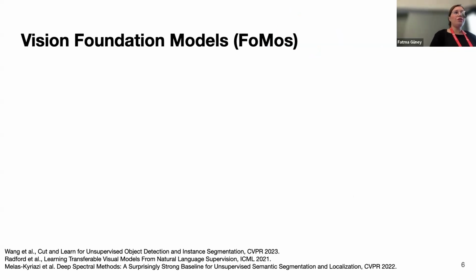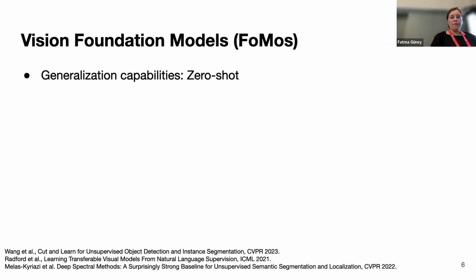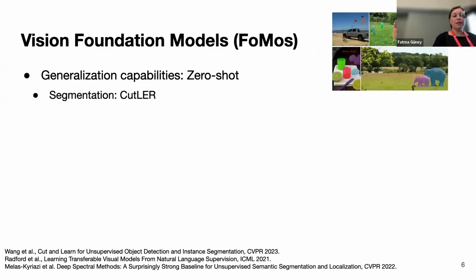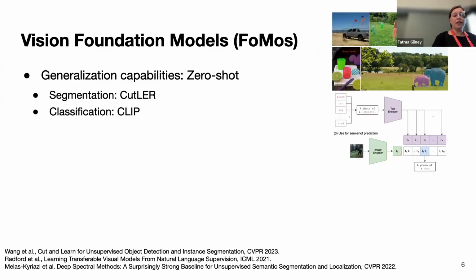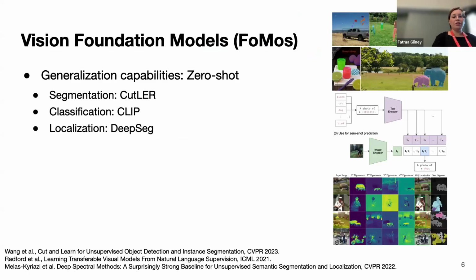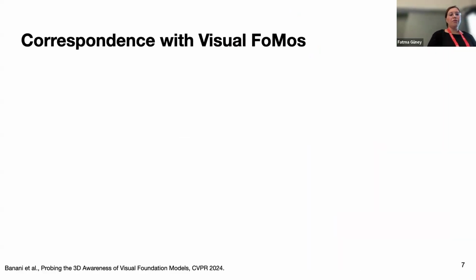Because vision foundation models, or FOMOs in short, have shown great generalization capabilities across many tasks, such as segmentation, CLIP in classification, DINO for localization, and many more, right? And we were interested in correspondence.